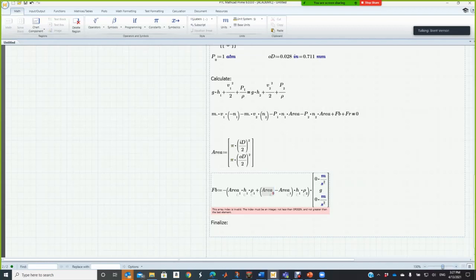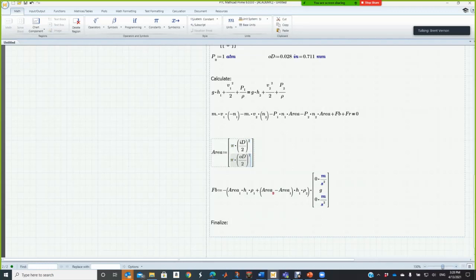Then this second one here, now I must have changed the origin on the one I copied from, but the second area is the area from the outside of the tube. This one's the inside of the tubing, so that's the area of the fluid. This is the outside of the tubing, so it's the area of the fluid plus the plastic.